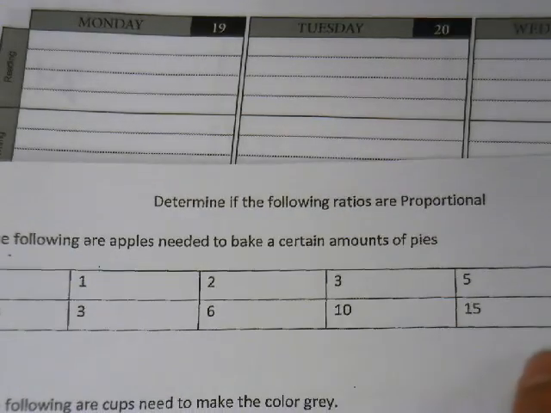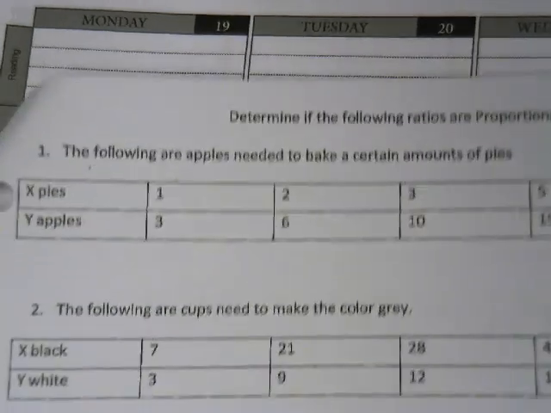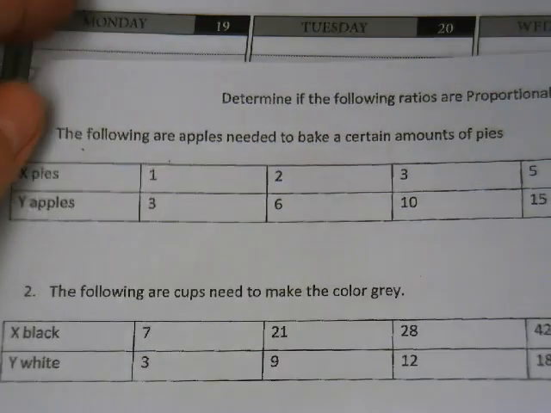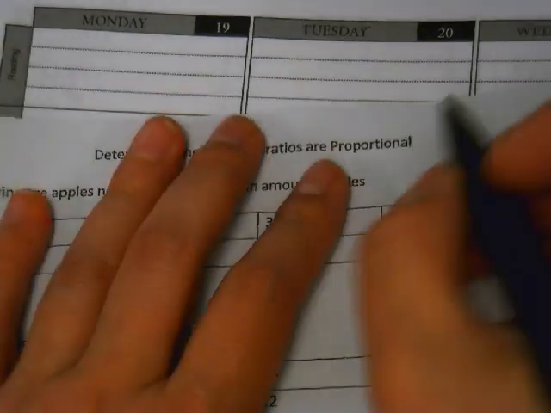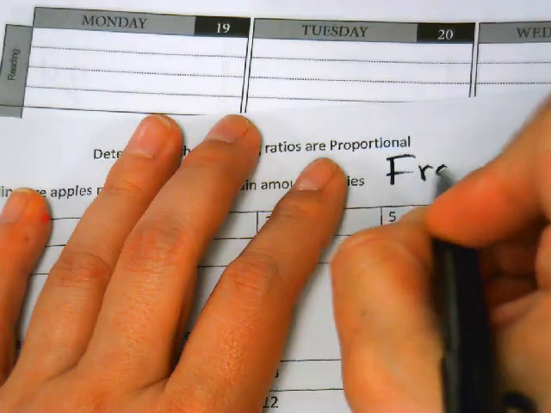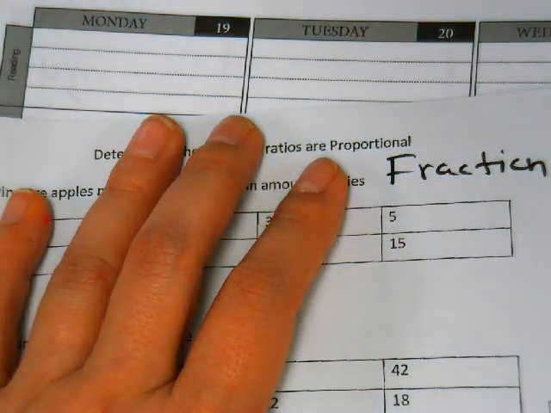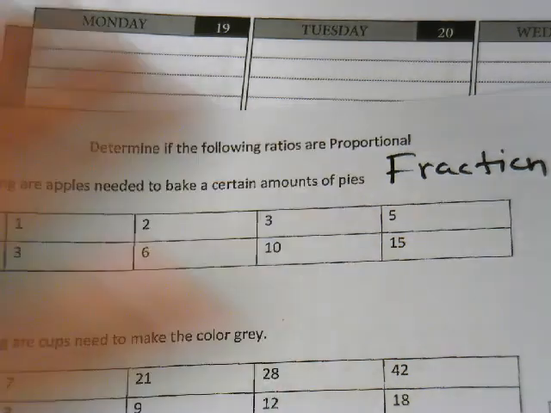There's no graph. So what do I do when there's no graph and I need to figure out if it's proportional? What if I don't have anything? You have to write a fraction. You have to write a fraction, okay?